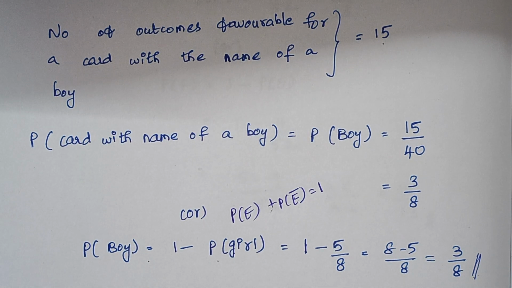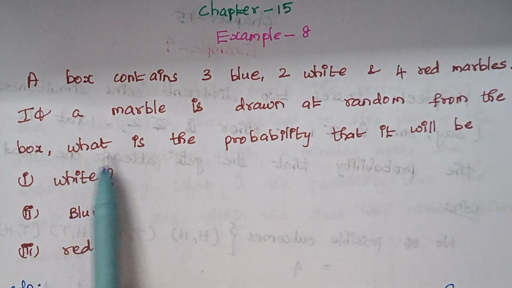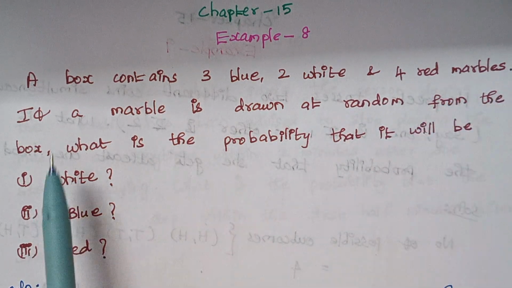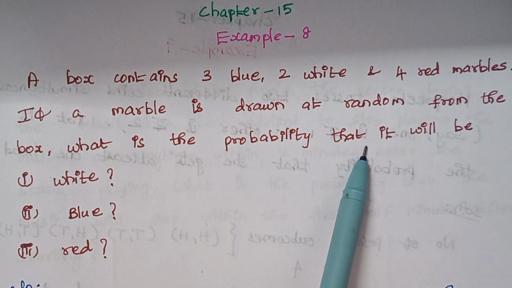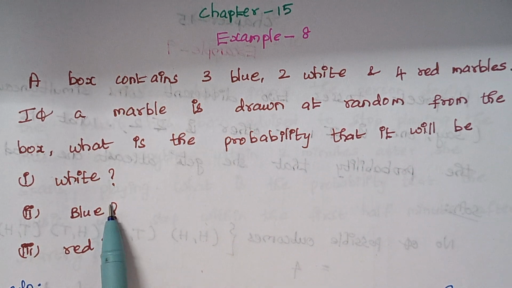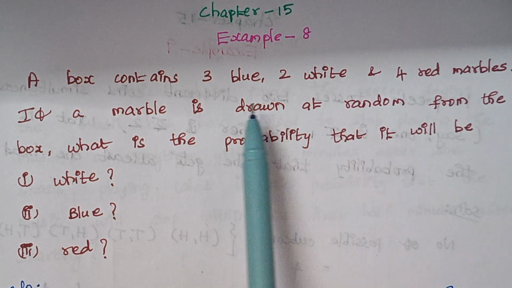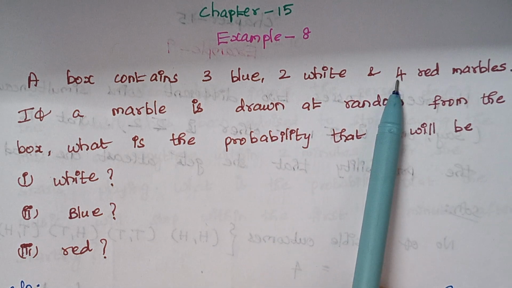Now we will proceed with our next problem. Example 8: a box contains 3 blue, 2 white and 4 red marbles. If a marble is drawn at random from the box, what is the probability that it will be white, blue and red? Here, totally we have how many marbles? 3, 2 and 4. So 3 plus 2 is 5, and 5 plus 4 is 9.